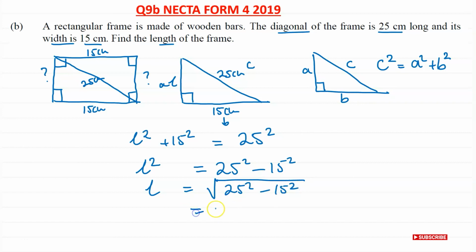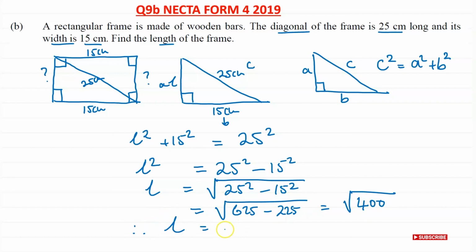If you work this out, 25 squared is 625, take away 15 squared, which is 225, which gives you the square root of 400. Therefore L is the square root of 400, which is 20 centimeters. So that is part B completed. Thank you for watching. Bye for now.